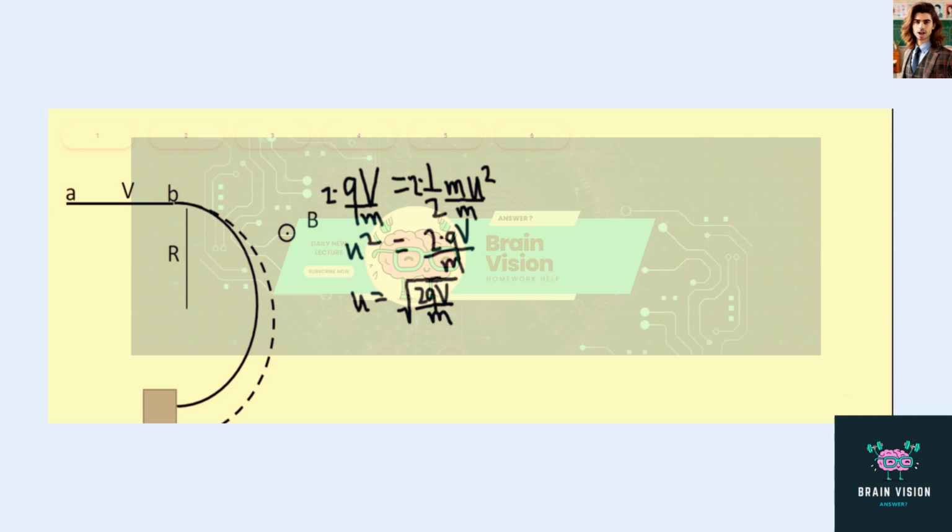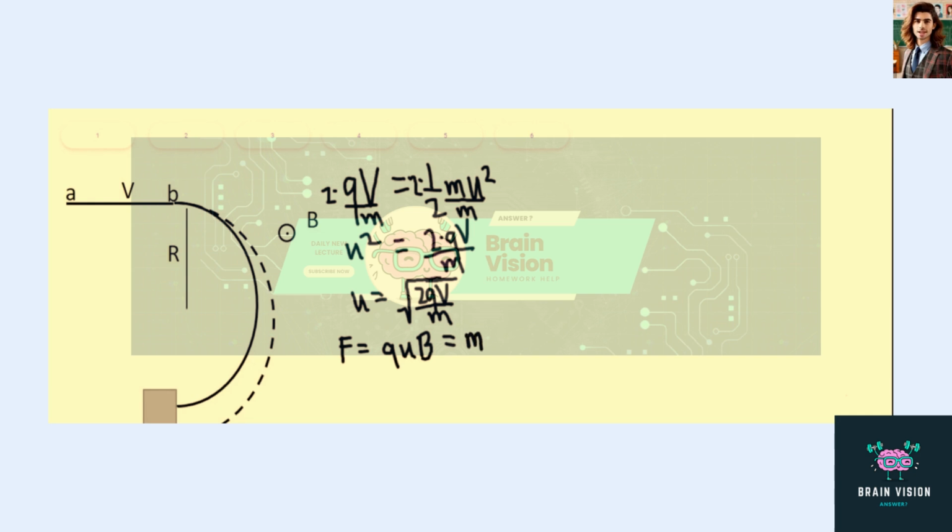Now, when the ion enters the magnetic field, a magnetic force acts on the ion, given by the charge times the velocity of the ion times the magnetic field strength. This magnetic force only changes the direction of the ion's velocity, but not its magnitude. And this is the only force acting on the ion. But since the ion is moving along a circular path, this must also be equal to the centripetal force by Newton's second law of circular motion.